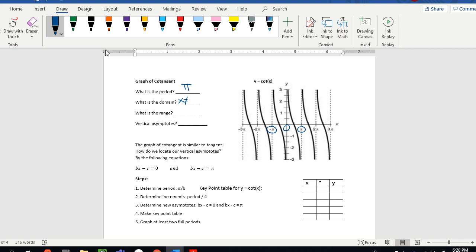So every k pi, not k pi over 2. What's the range? All real numbers, or negative to positive infinity. What's the vertical asymptotes? Where x is equal to k pi, or n pi, whatever letter you would like to use. We're getting rid of the c's, and instead of equal to plus and minus pi over 2, notice the change.